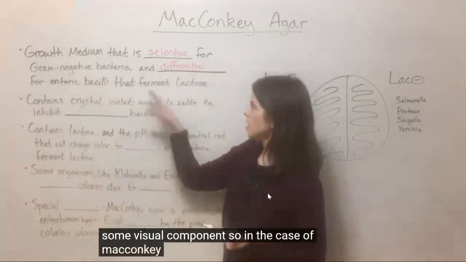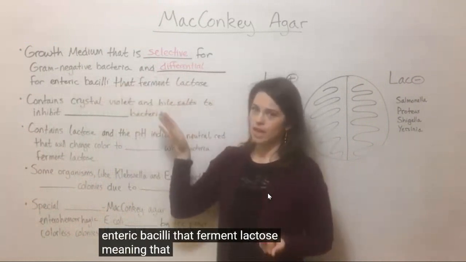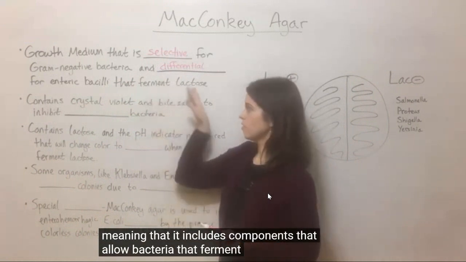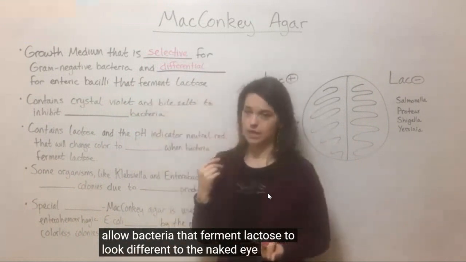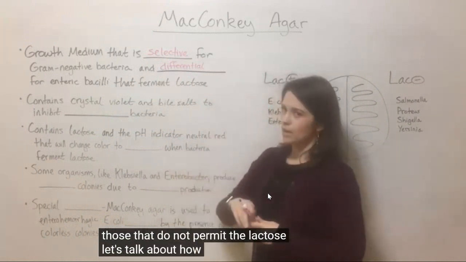So in the case of McConkey agar, it's differential for enteric bacilli that ferment lactose, meaning that it includes components that allow bacteria that ferment lactose to look different to the naked eye than those that do not ferment lactose. Let's talk about how it does these things.